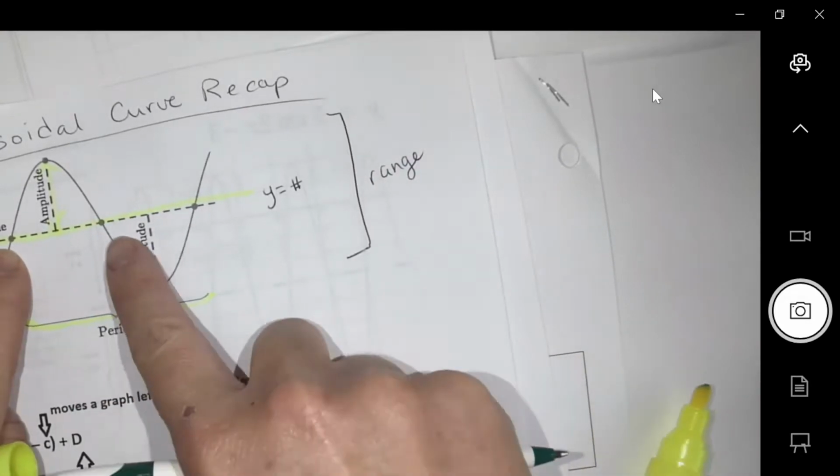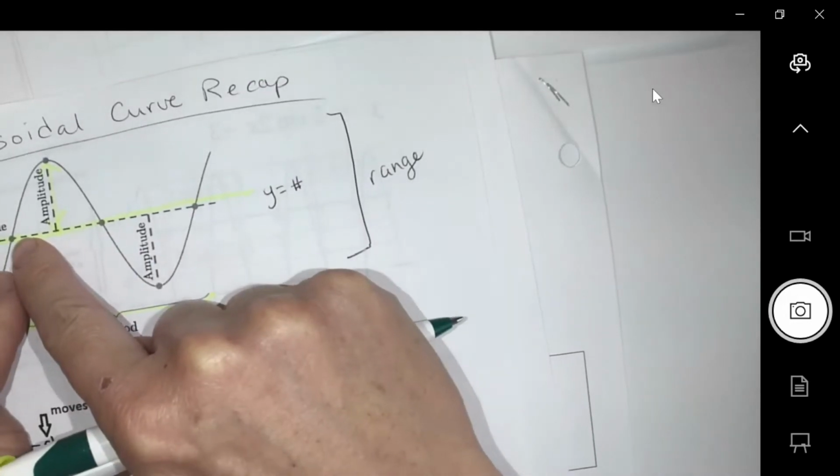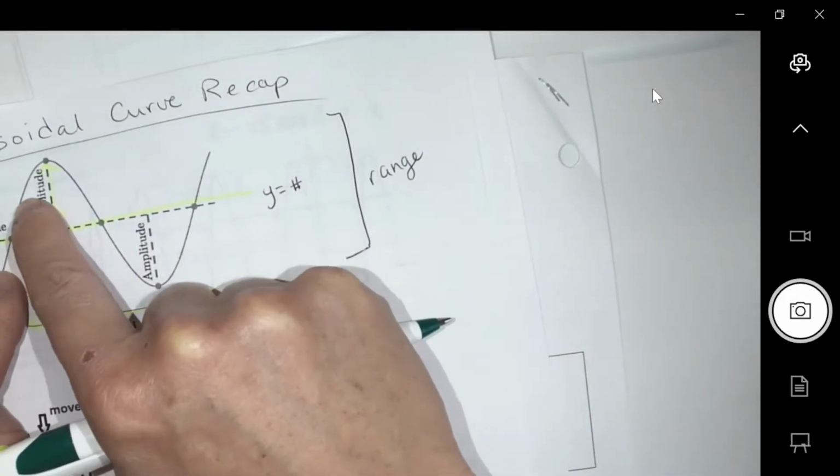The period, we've talked about the period. So if I start on a point that looks like this, where do I get to that exact point again? Do you understand that this point and this point are not the same points? They're both on the midline, but that doesn't make them the same. Because this is on a midline, but it's in a direction to go up.